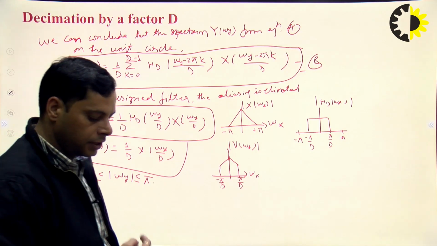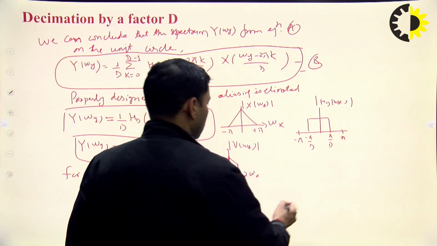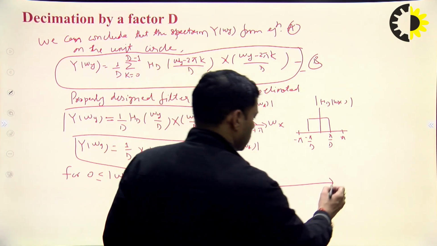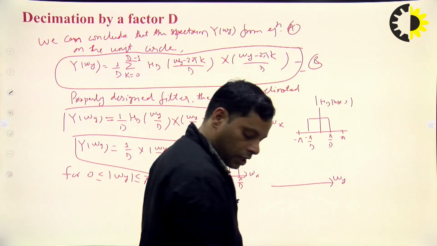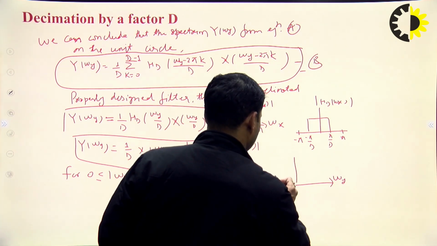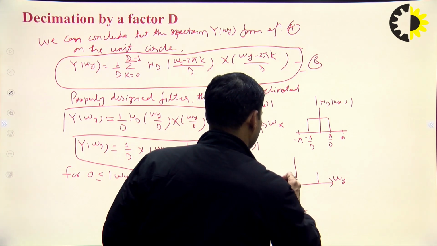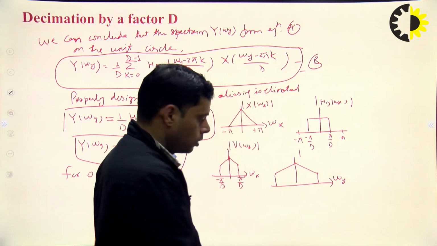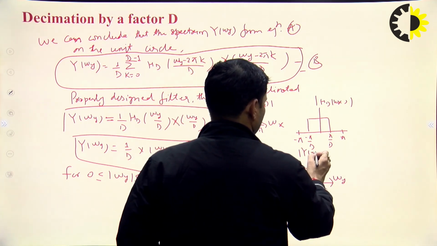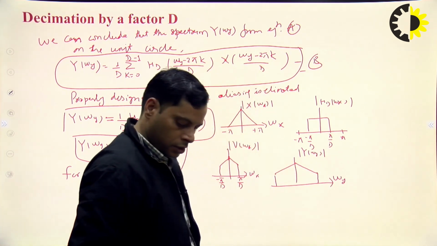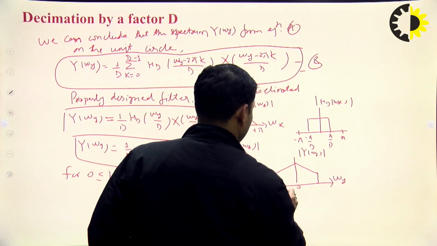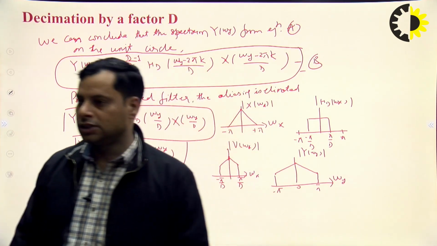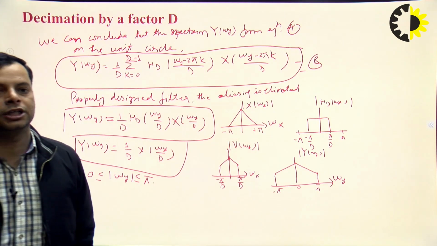Then when it is downsampled by factor d, we get the output y of m, where the frequency response is omega y here. So it can be expanded. So that is the figure for Y of omega y here. It is ranging from minus pi to pi here, like this. So this is the simple spectrum of any signal when it is decimated by factor d here.